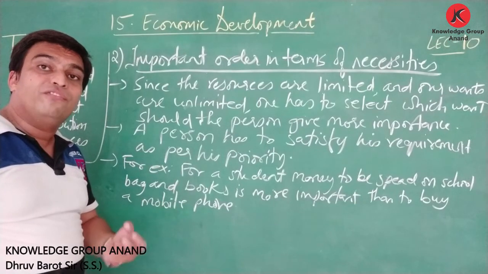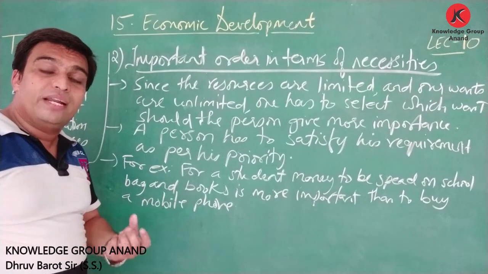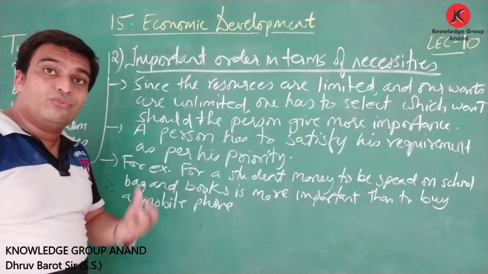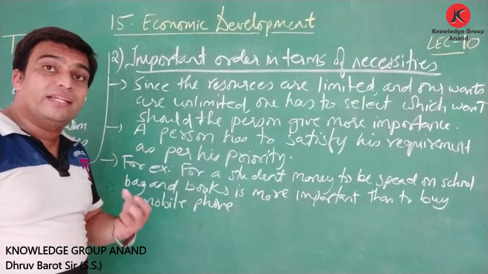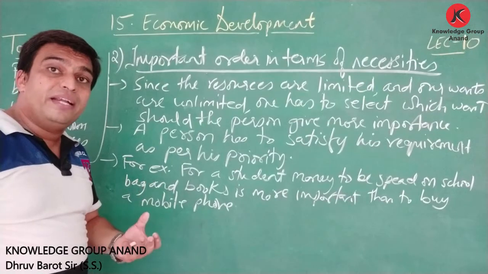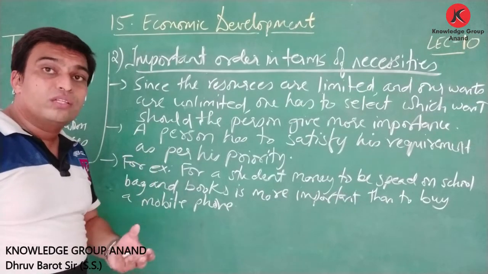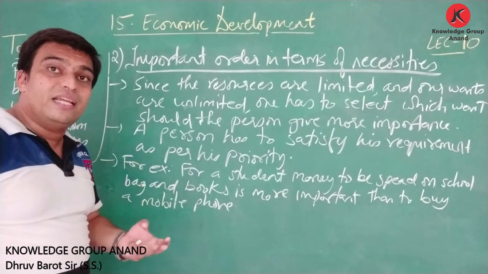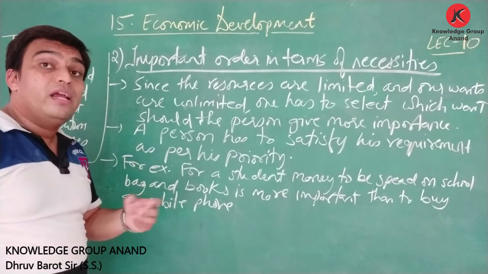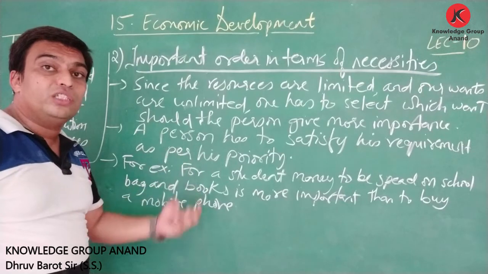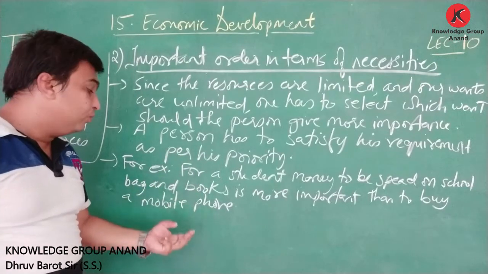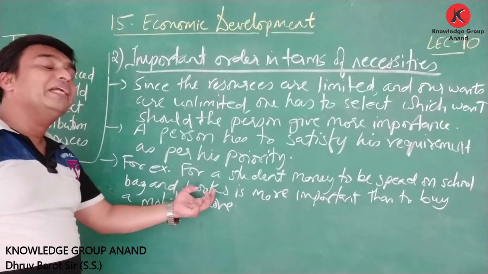Simple thing is that if any student is having 5,000 rupees with him, for example, and his requirement is for a school bag, books, and to invest in education, and along with it, he also requires a mobile phone. So the first priority that the student should give is to the bag and books.